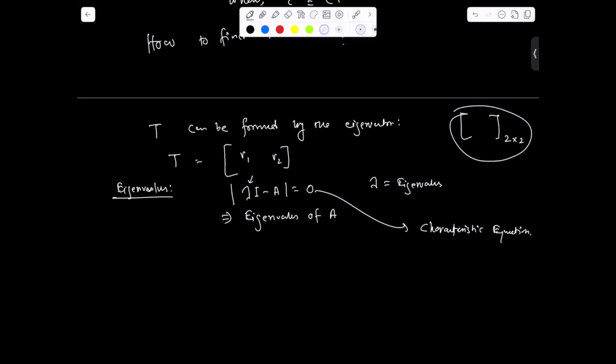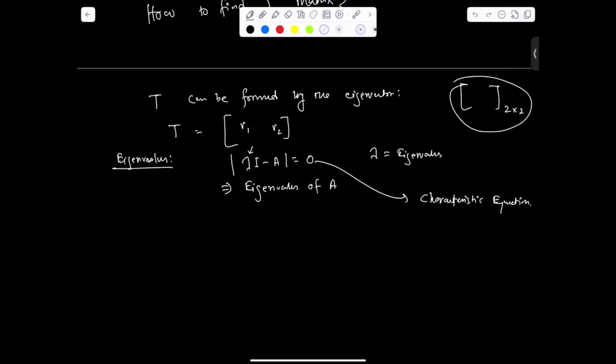For a particular system, remember the characteristic equation is always fixed, because we are getting the system matrix A here.